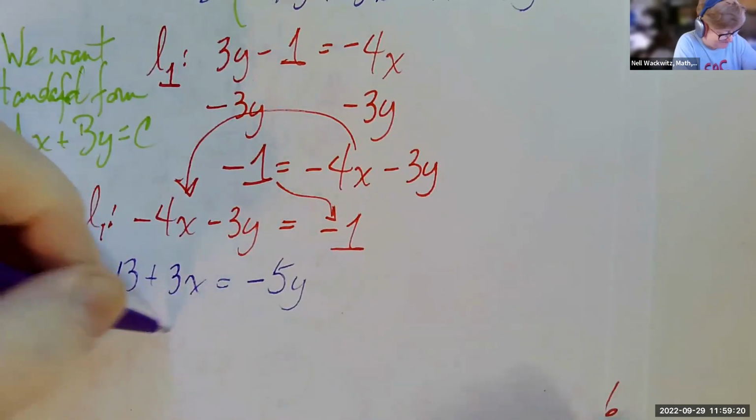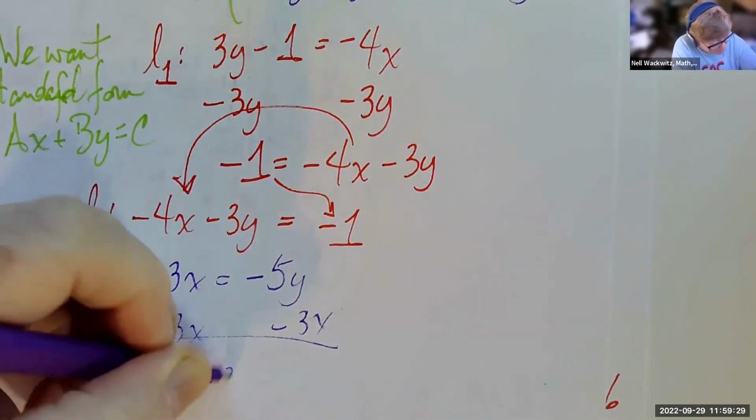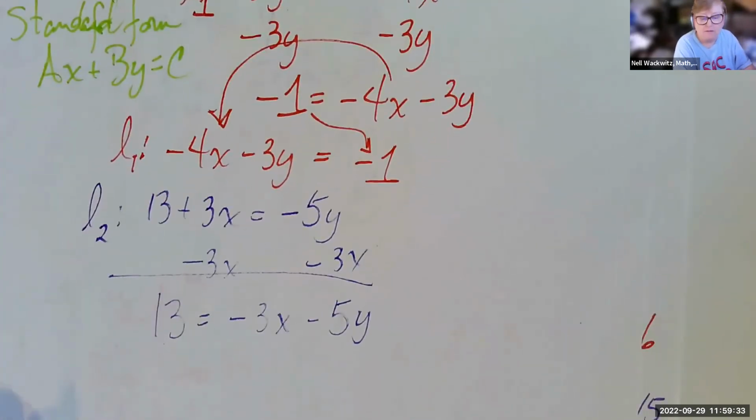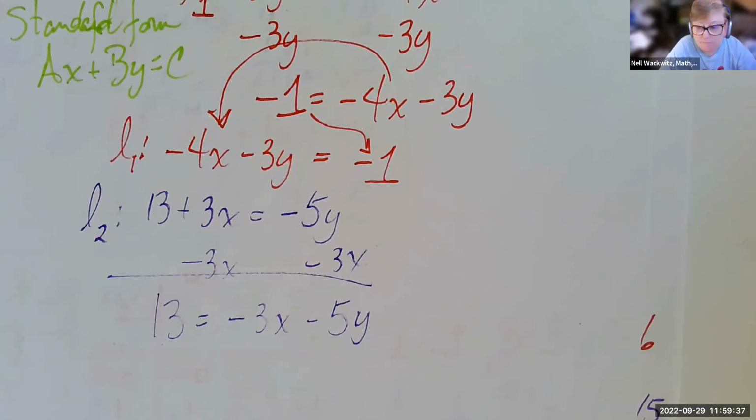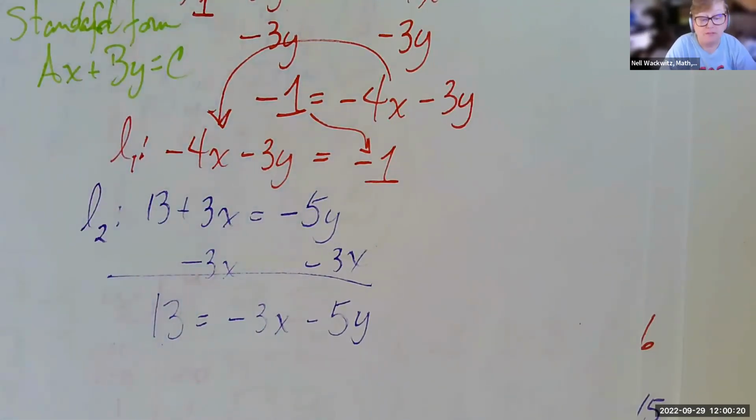Minus 3x. Okay, so what can we make line 2 where the constants are on the right?